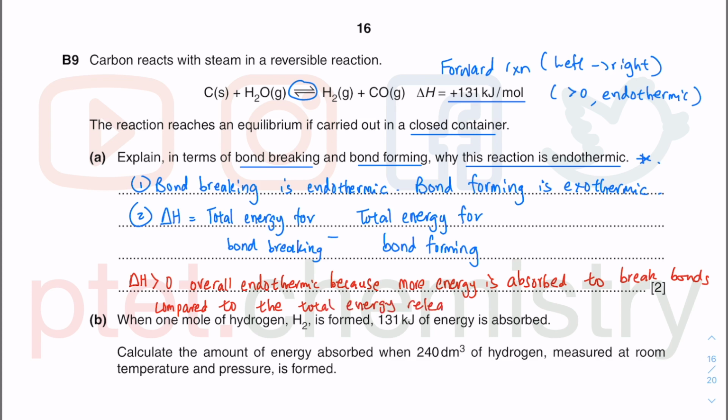Some students really like to memorize this kind of thing, but there is really no need to memorize this, provided you know about this relationship. Then you can write this sentence based on this having to be bigger than this to give you something positive, which is just primary school mathematics there.